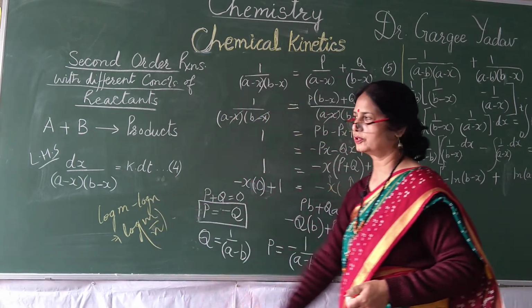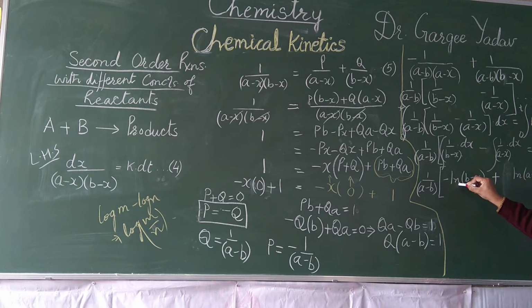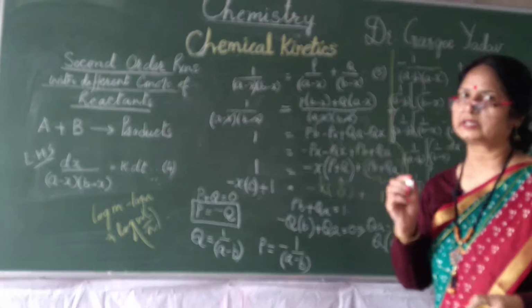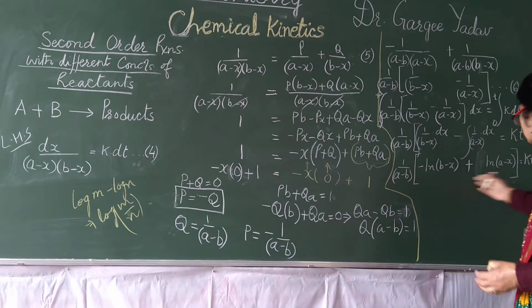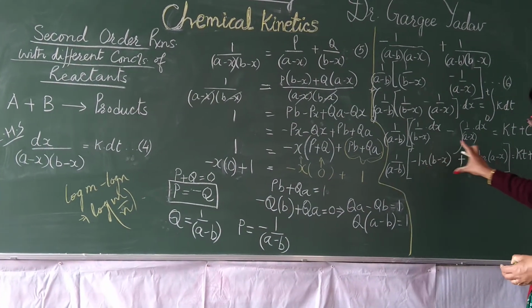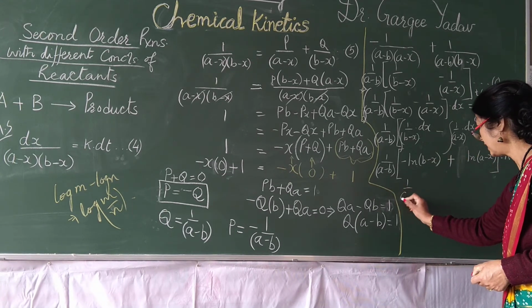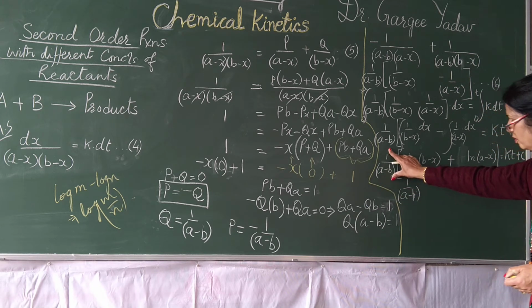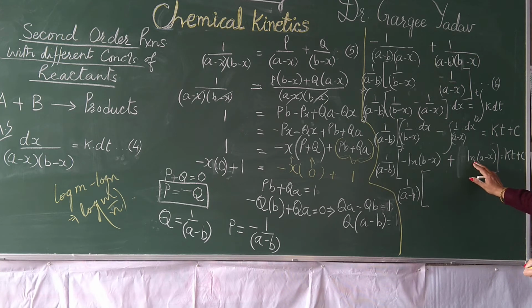We will apply this property over here, and this is actually natural log, and when we have to change it to log base 10, then we have to multiply it by 2.303. So we are having this equation and we will apply this property of log for these two terms, and what we have is 1 upon a minus b, and in the bracket we get log of a minus x minus log of b minus x.